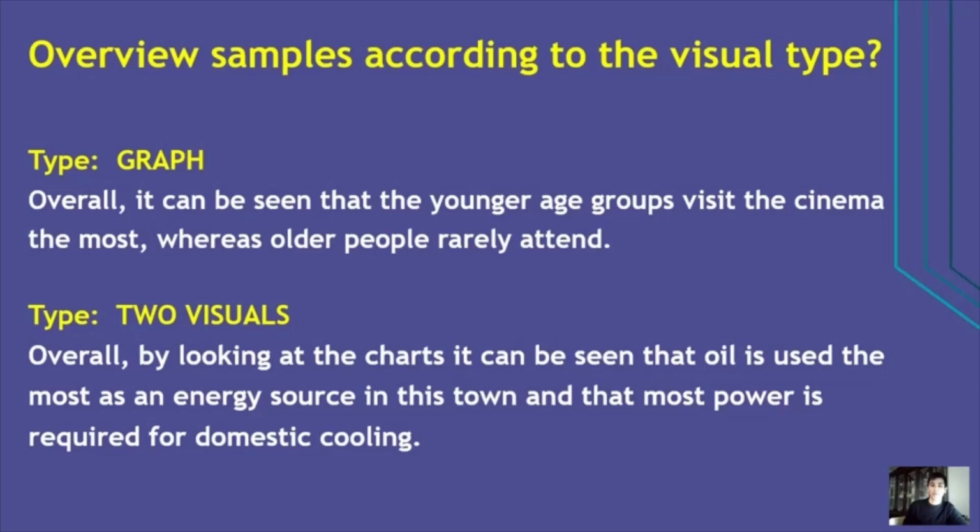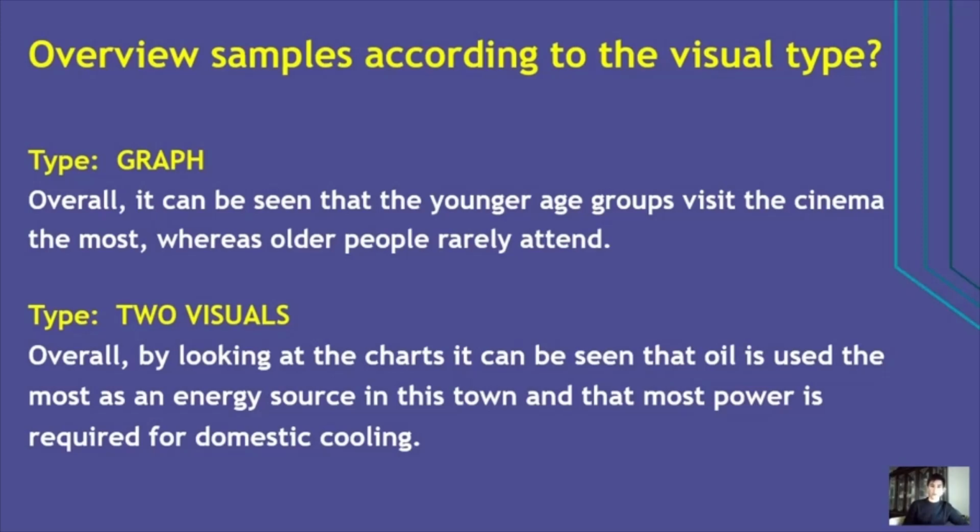So here, overall, by looking at the charts, it can be seen that oil is used the most as an energy source in this town and that most power is required for domestic cooling. Now, as you can see guys, this overview is covering both of the visuals, making it clear.